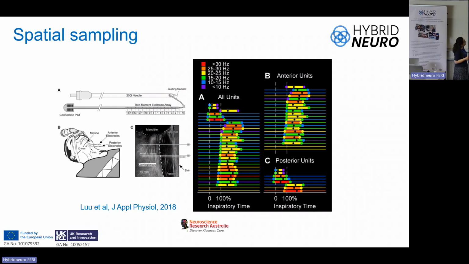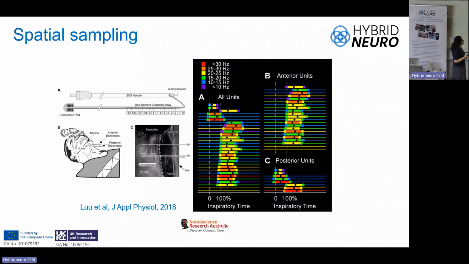When you have a continuous line, that means that this motor unit was active tonically for both inspiration and expiration. And when you have a bold line, that means that this motor unit increased the discharge rate up to the maximum that was here, then decreased, and then went back to tonic activity.